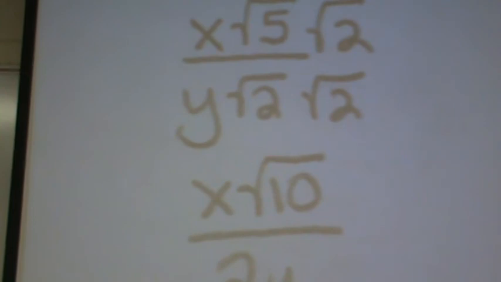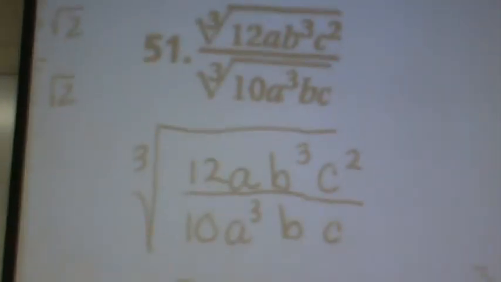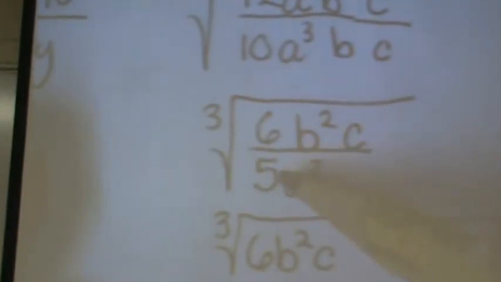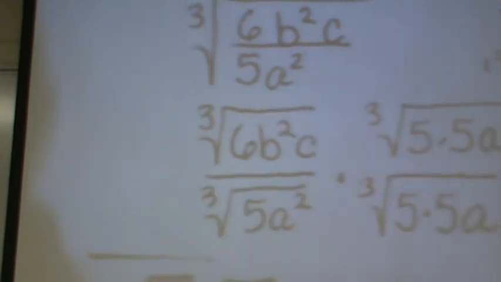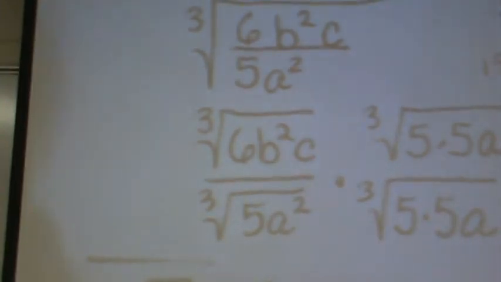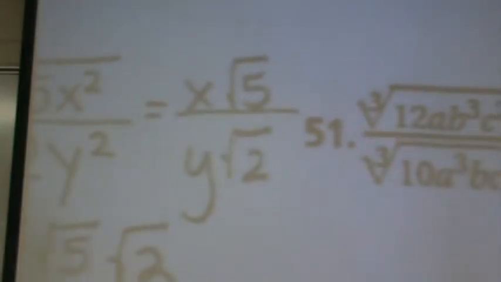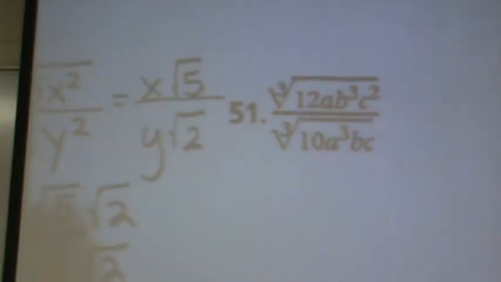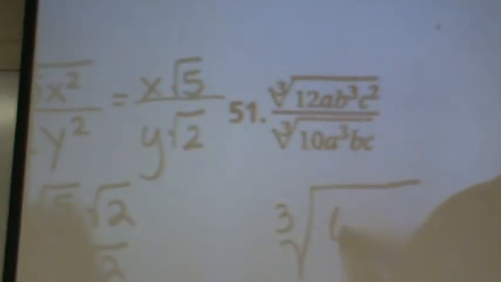And for 51, what you're going to do is simplify this problem. You have 6/5 b squared c over a squared. And then you're going to have 6b squared c over 5a squared.